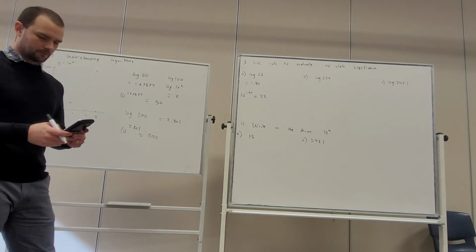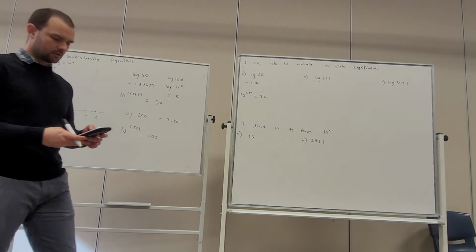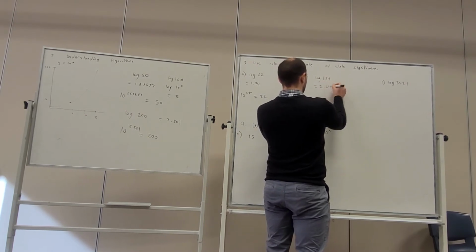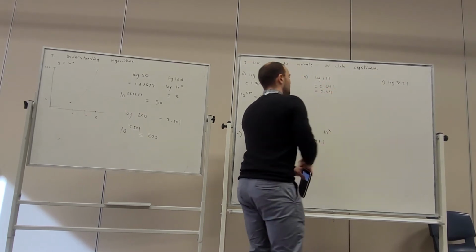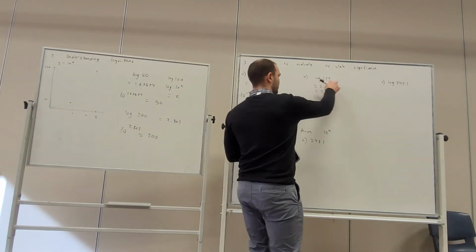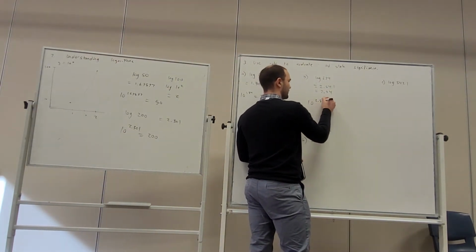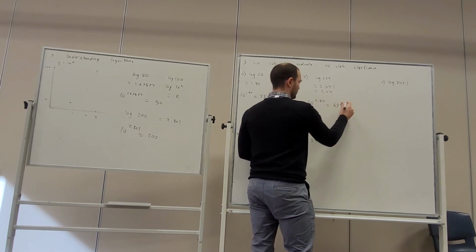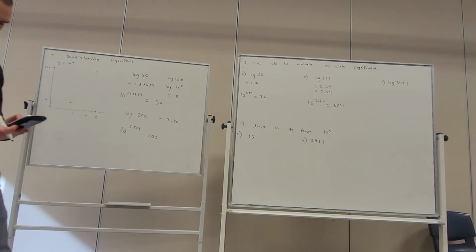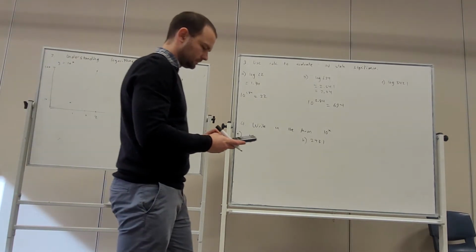Okay, log 694, let's calculate that. We've got 2.841, which is 2.84. What's the significance of it? Well, log of 694 means 10 to the power of 2.84 equals 694. And then same again, log of 3421.